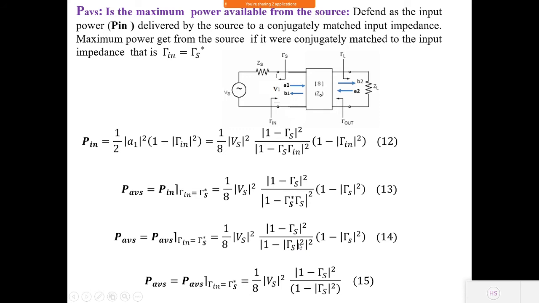I already showed this in the earlier class: if you take any complex number A and multiply it with its complex conjugate, you will get the magnitude squared of that complex number. So that's what I have written here.